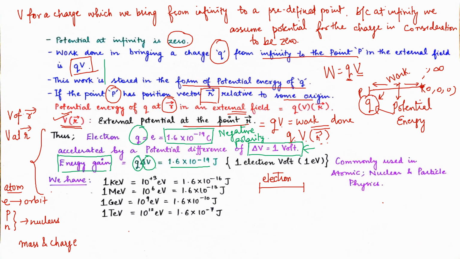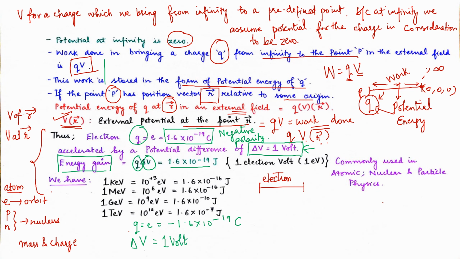We are bringing our charge from somewhere, and this charge is our electron having a value of minus 1.6 into 10 to the power minus 19 coulombs, and the potential difference is given by 1 volt.